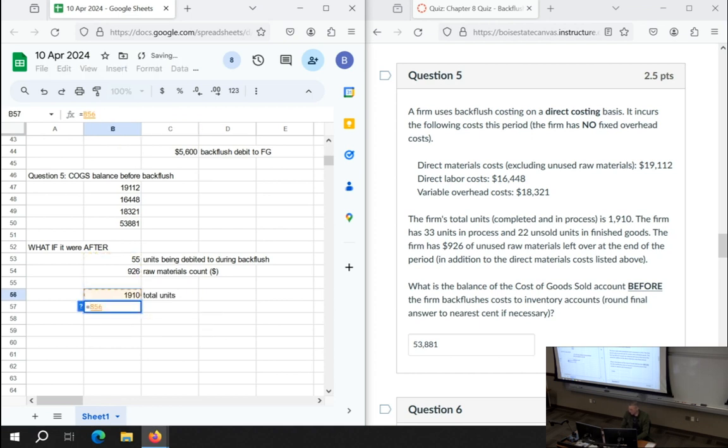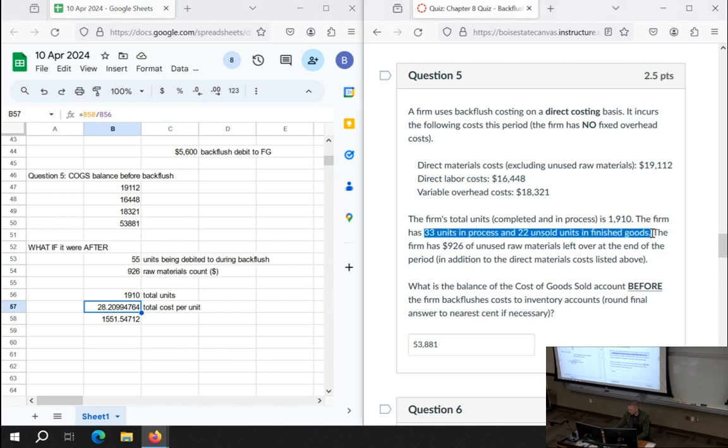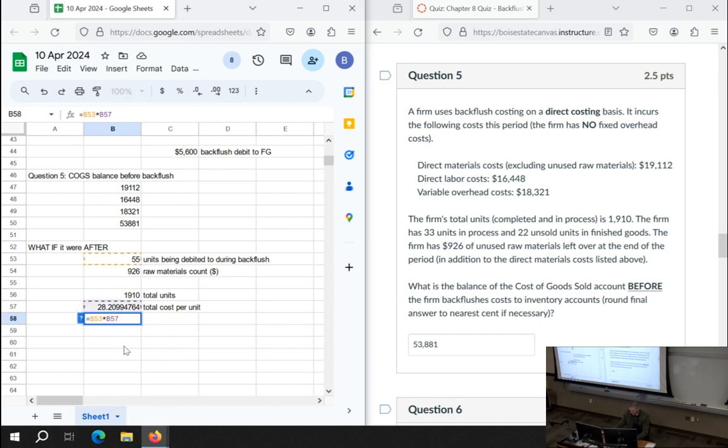All right, so what we can do is take our total debits, divide it by the 1910, and that's our total cost per unit. And we know we're going to have to debit that total cost, $22.21 it would round to, for all 55 units that are being debited to in process and unsold. And so in total, this is the total amounts debited to finished goods, conversion costs, and the IP portion of RIP.